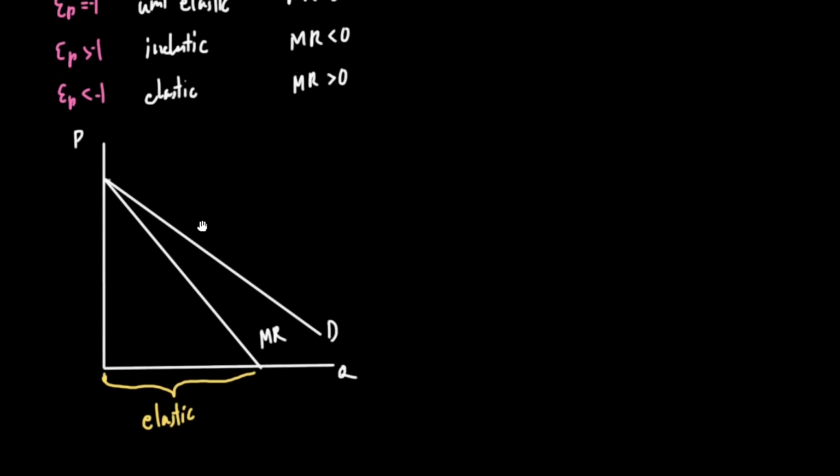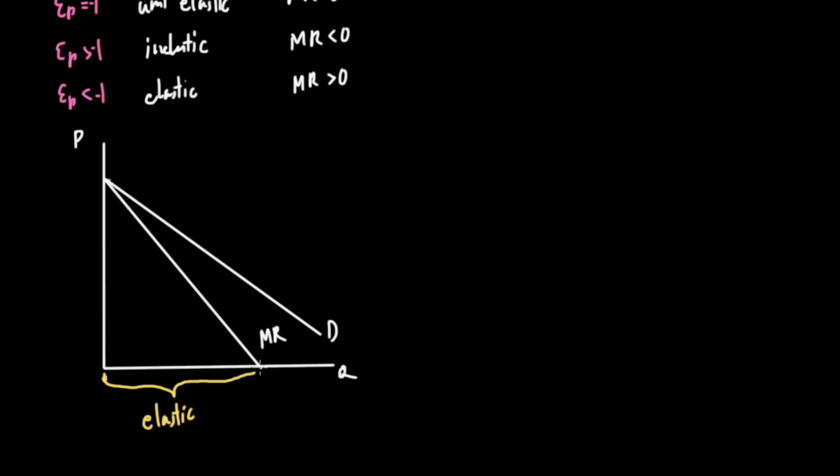The reason for this is that marginal revenue is above the horizontal axis, which means at this part, marginal revenue is greater than 0, and thus the price elasticity of demand is less than -1 and is elastic.